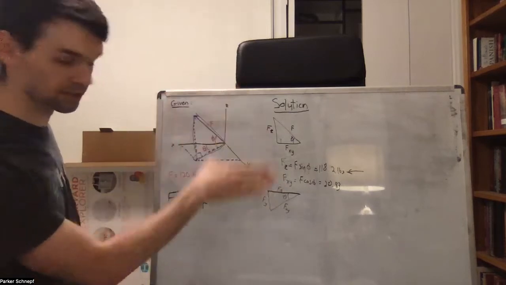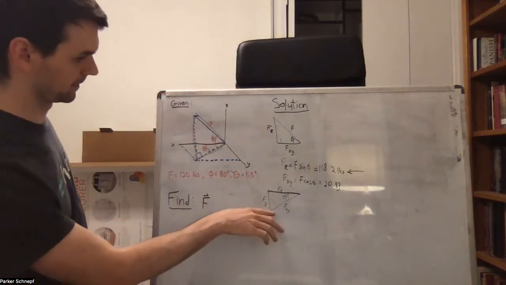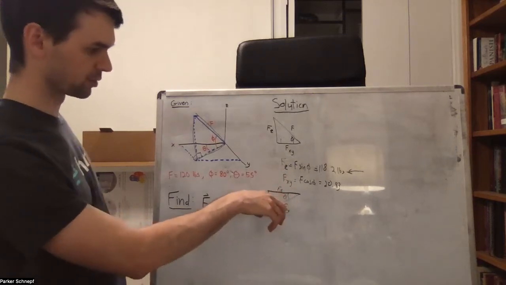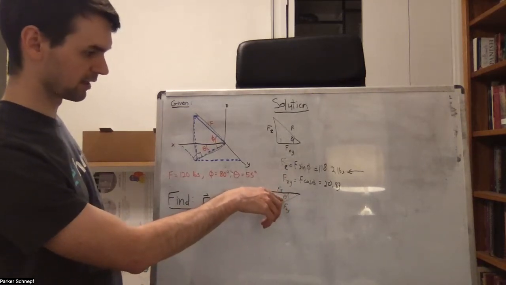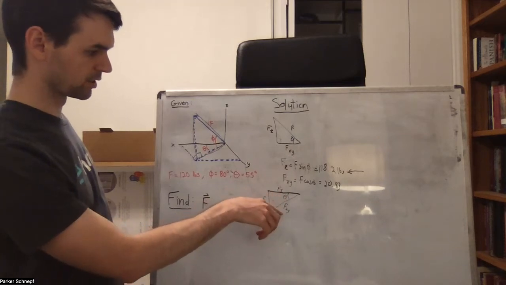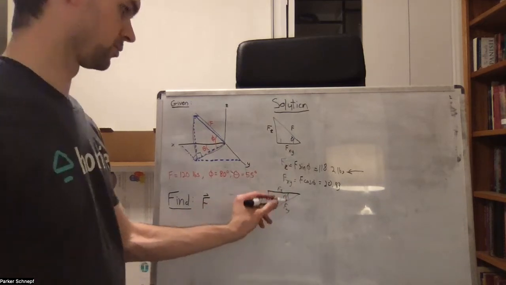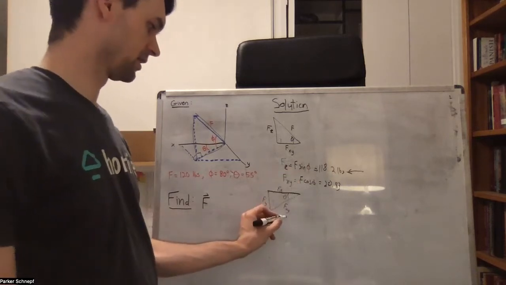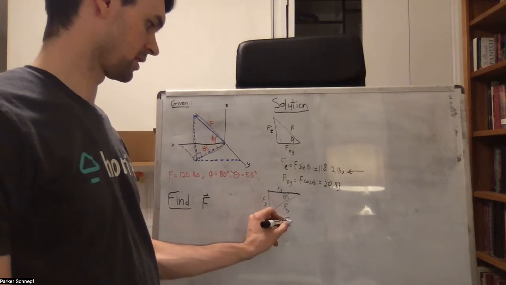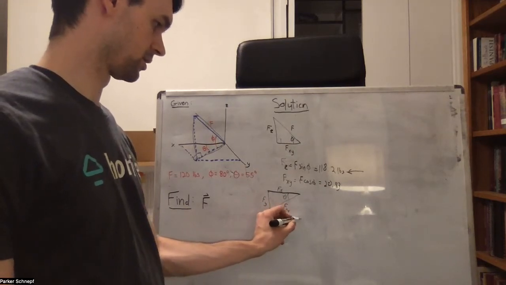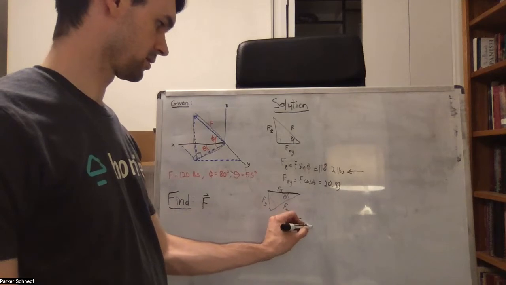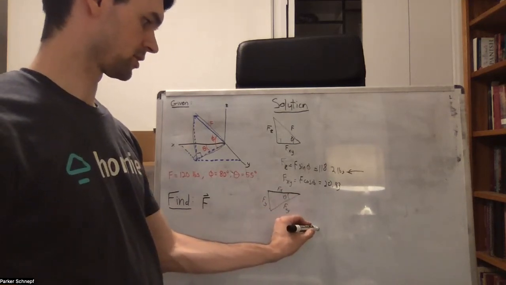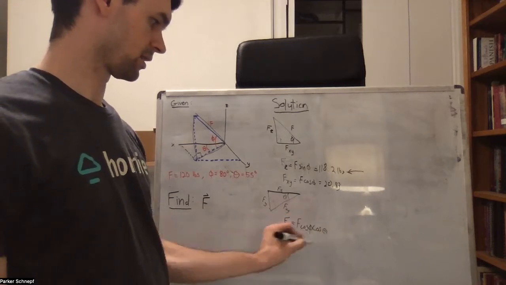What happens if you're looking straight down on it? You can tell that we've got this Fxy, so Fx will just be Fxy cosine theta, and Fy will be Fxy sine theta. If we replace Fxy with F cosine phi, we get Fx equals F cosine phi cosine theta.